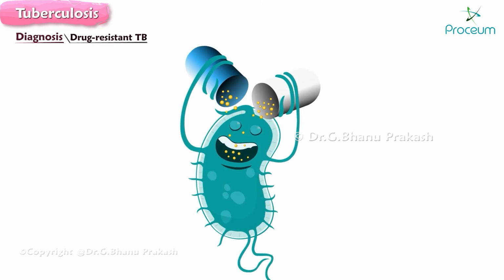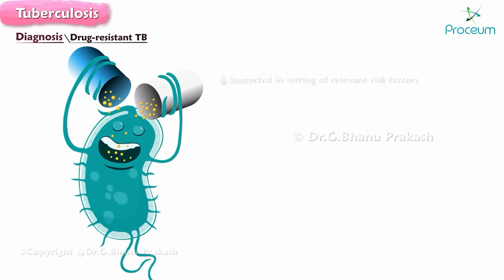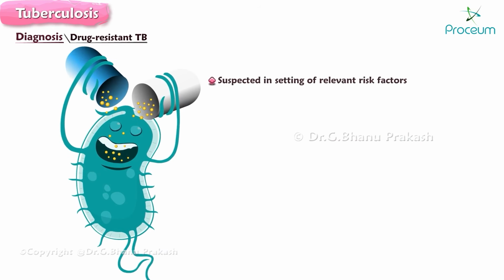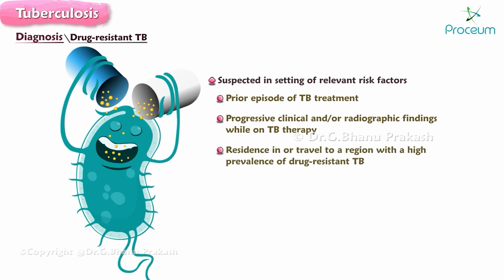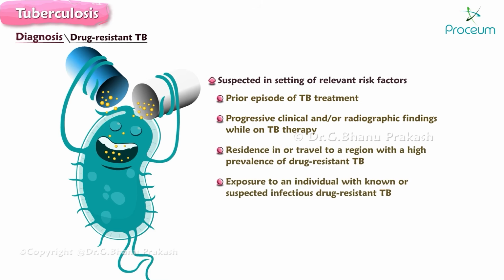Drug-resistant TB. Drug-resistant tuberculosis should be suspected in the setting of relevant risk factors. These include a prior episode of tuberculosis treatment, progressive clinical and/or radiographic findings while on tuberculosis therapy, residence in or travel to a region with a high prevalence of drug-resistant tuberculosis, and/or exposure to an individual with known or suspected infectious drug-resistant tuberculosis.